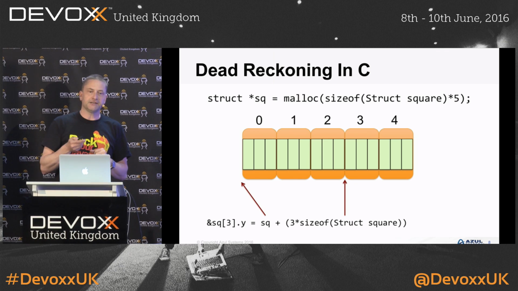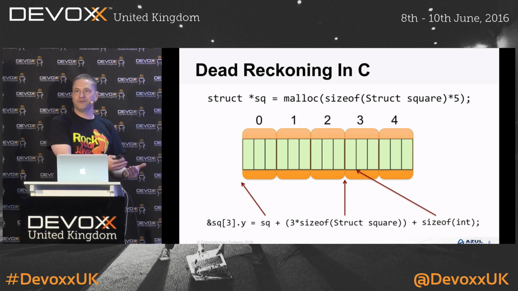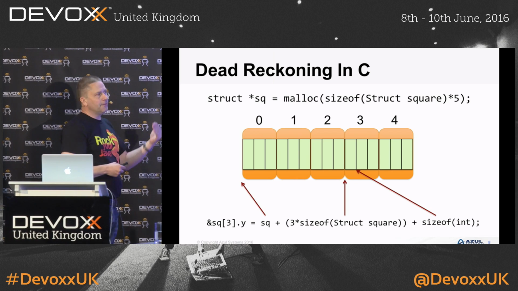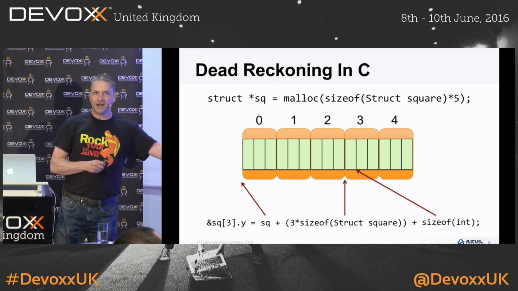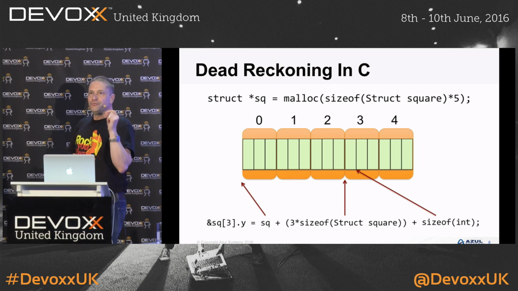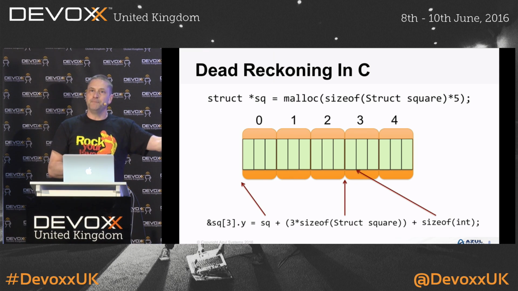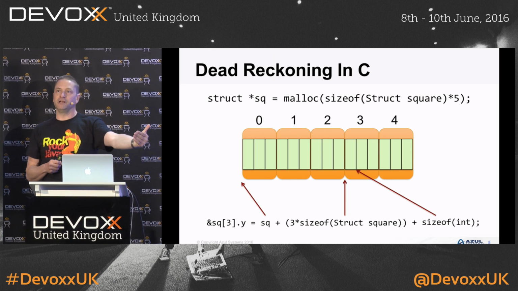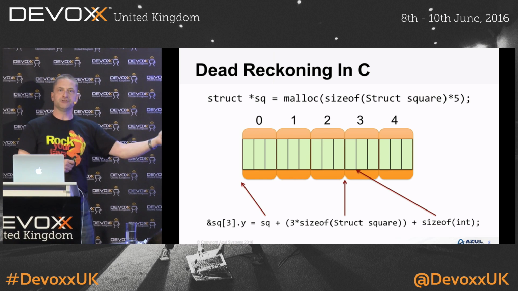Then, in order to get to the y piece of data, I simply add the size of an int to that, and that will give me the address of the y value associated with the 4th element. The nice thing about that is it is simply a mathematical calculation. It's dead reckoning, because we can take the address of the array and calculate simply and very quickly where that piece of data is.